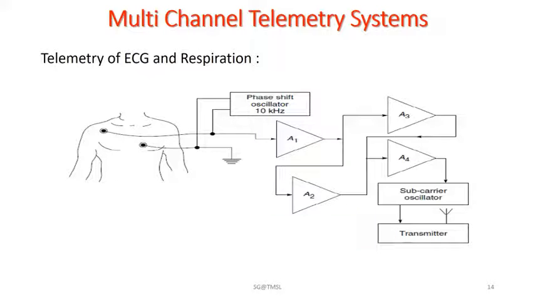The output of this subcarrier oscillator is then fed to an RF oscillator for transmission purposes. The circuit requires less than 185 microamperes from a mercury battery. The signals can be transmitted over distances up to 15 meters for about 4 weeks before replacing the battery. So this is the telemetry of ECG and respiration using the multi-channel configuration.